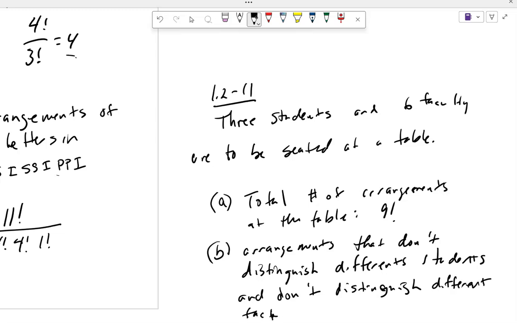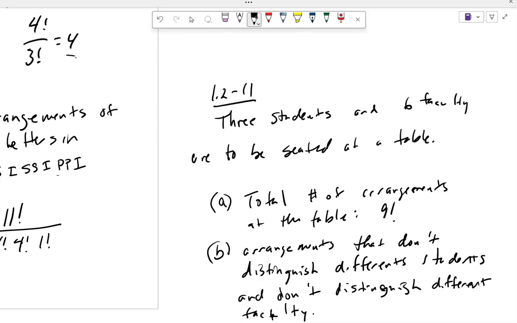What I mean by that is, maybe if I put all 3 students at the left-hand side, it doesn't matter how I arrange them, they're still just students on the left, faculty on the right. Does that make sense? Okay.